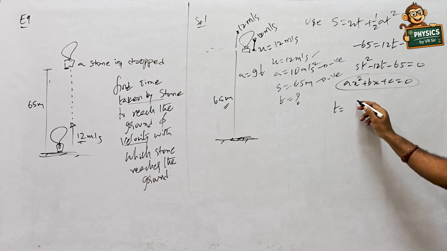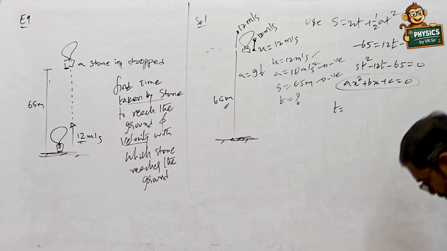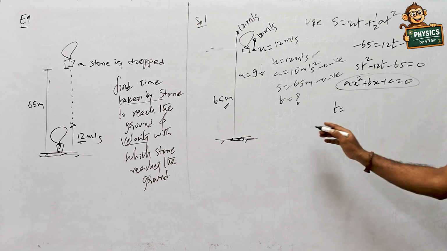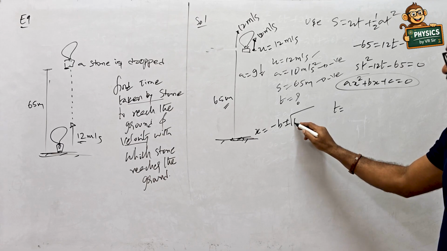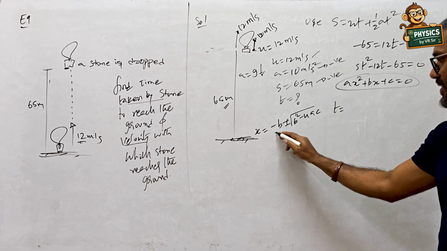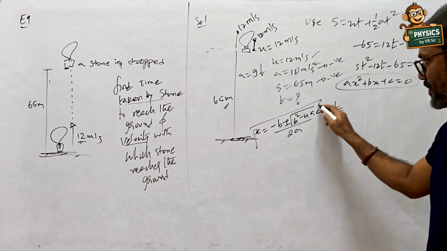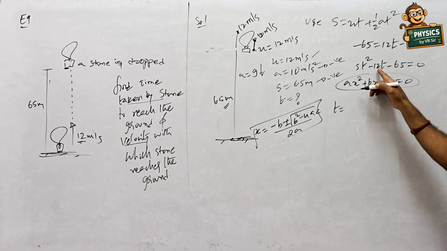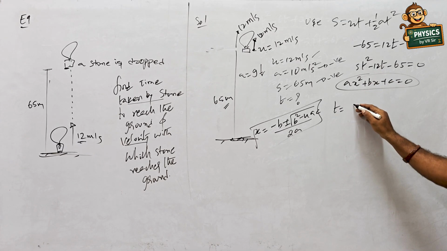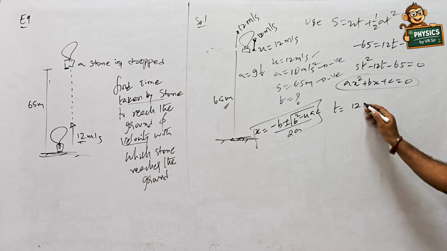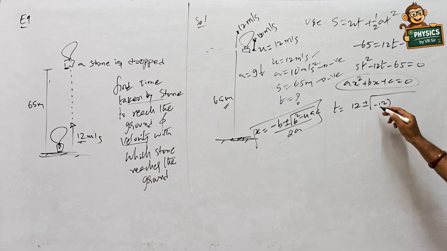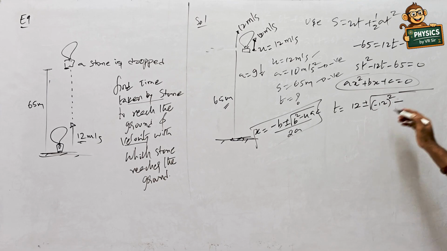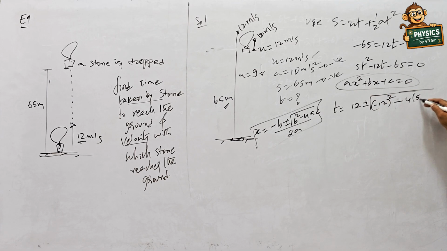So we have to write the solution: x equals minus b plus or minus root over b square minus 4ac, by 2a. Now in place of b, we have minus 12, so minus b means 12, plus or minus root over minus 12 square, minus 4ac.